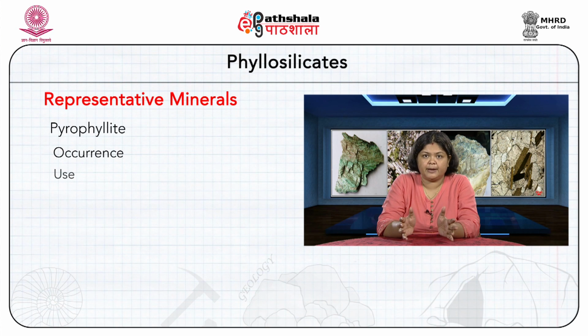As for the use of pyrophyllite, it finds most common use as refractory lining in kilns, furnaces and ladles in foundries. It is also used in ceramic industry, as filler in paints, cements and as construction material.